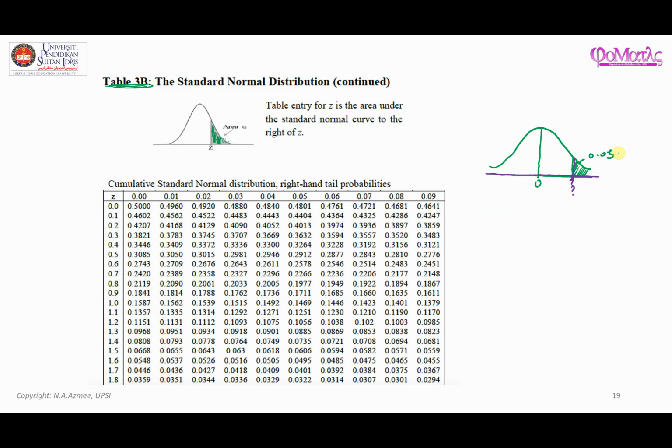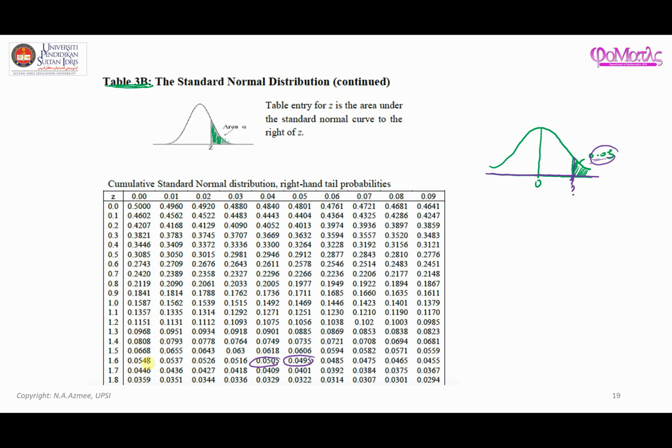Okay, so you want to find what is the point here that corresponds to the area of 0.05. Well, 0.05 is the area, so the area has to be found by referring to the inside of this table. So now we're going to find where is 0.05, and you will see that 0.05 is going to be in between these two values here. Both values here are equally close to 0.05, so you can just choose either one of these.